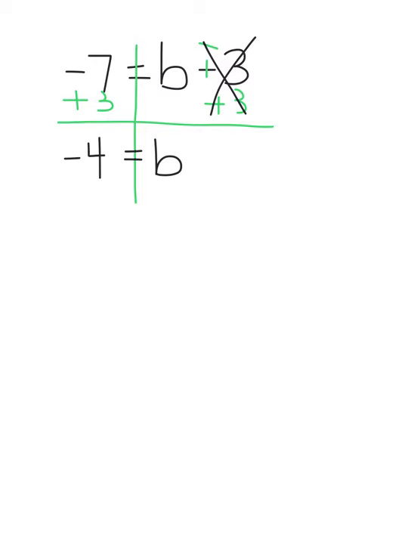And if we check our answer on this one, again, I would like for you to start off by writing the original problem, even with the subtraction sign. We are going to plug in for b the answer that we got.